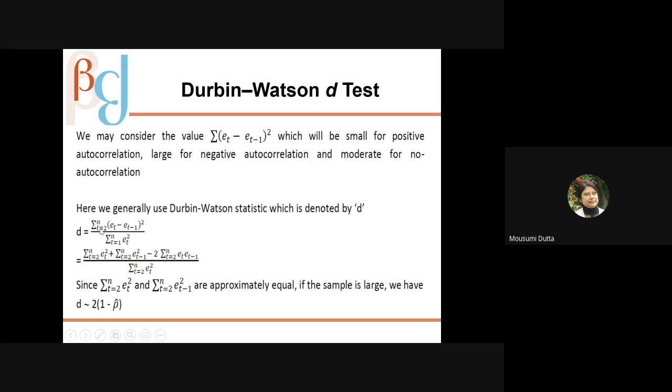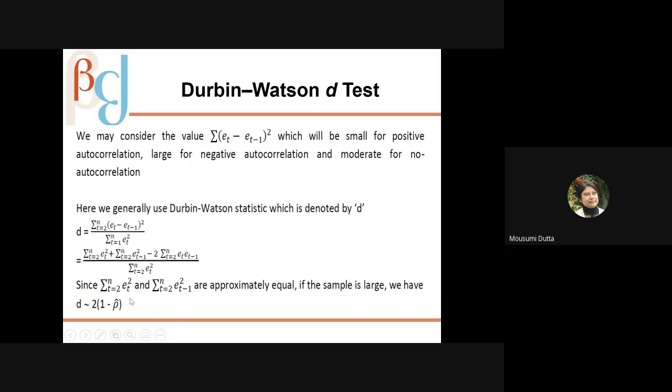For the numerator, I have considered the range from 2 to n, because for t equal to 1 this value will be 0, and if you consider t equal to 0, it will be e0 minus e minus 1. So these are not possible. So we are considering the series from 2, whereas in the denominator we are considering the series from 1. So this is one thing.